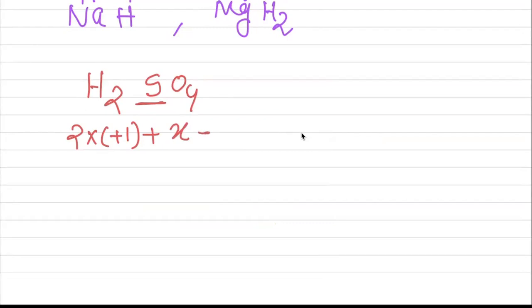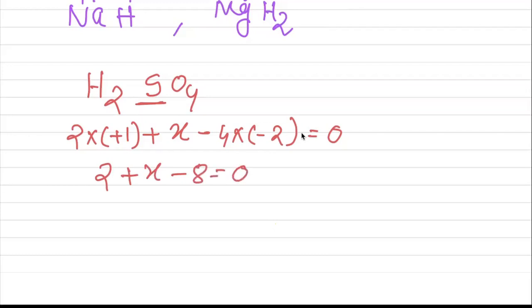How many oxygen atoms are there? 4. That means 4 into -2, which equals 0 in total. So 2 plus x minus 8 equals 0. That means x equals 6. So the oxidation number of sulfur will be +6.